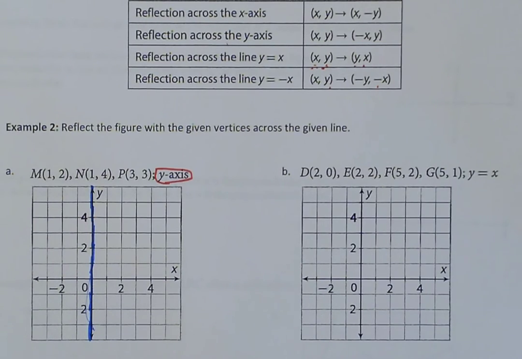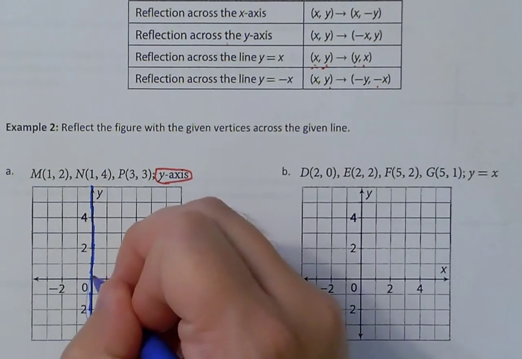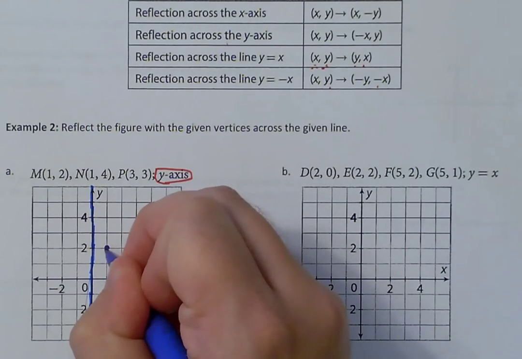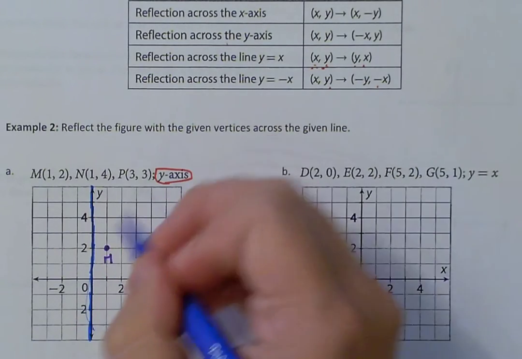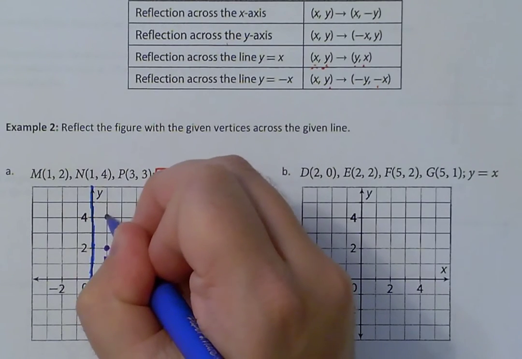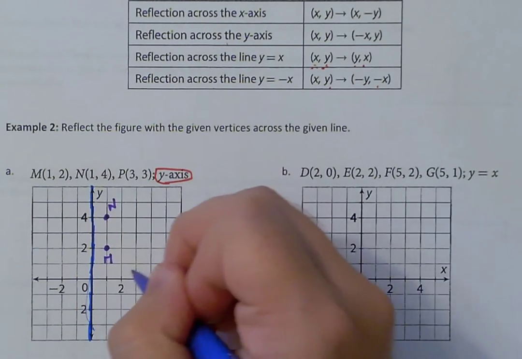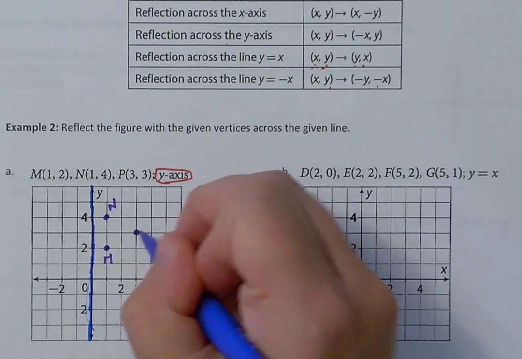So first step is plotting your original points. So M is at 1 comma 2. N is going to be at 1 comma 4. And P is going to be at 3 comma 3.